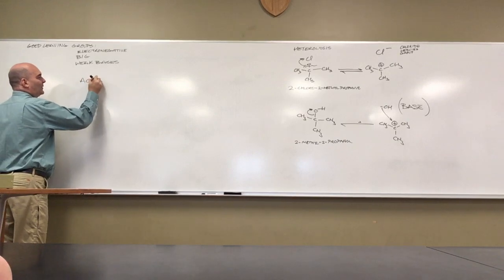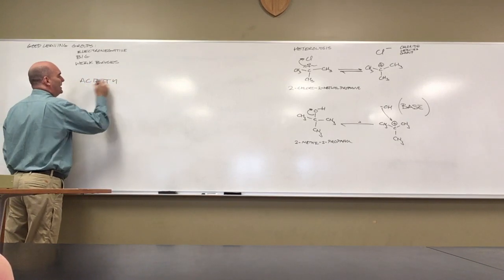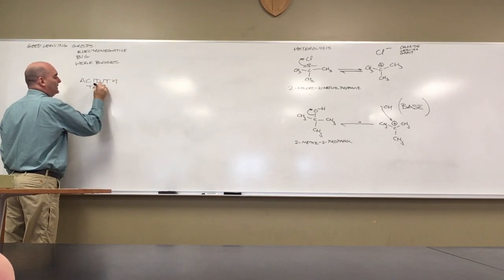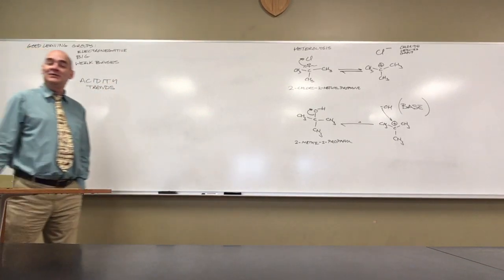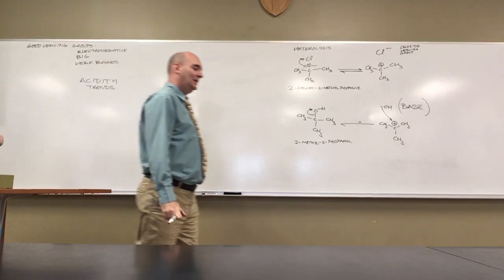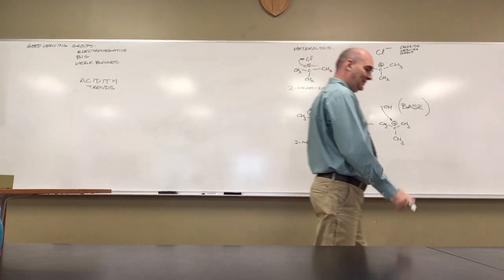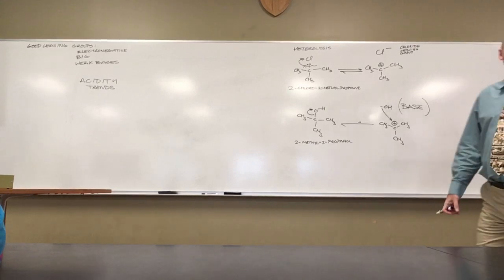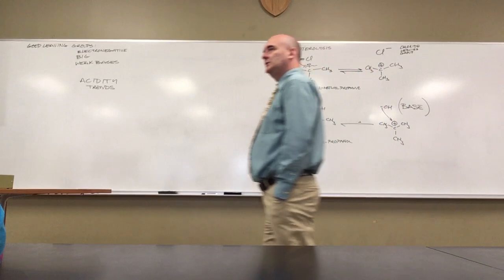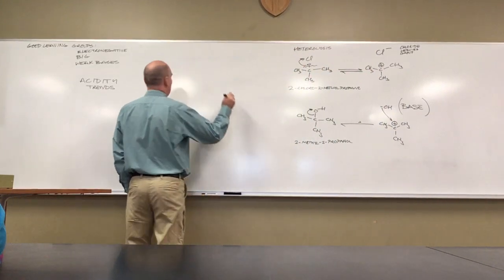So, let's go back and look at the periodic table and revisit the periodic trend that describes acidity. There are two trends. One is horizontal and one is vertical. Let's do the vertical one first.